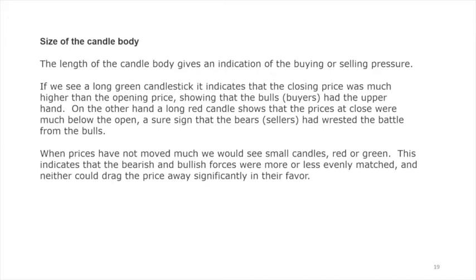When the price has not moved much, we would see a very small candle, red or green. This indicates the bears and the bulls are more or less evenly matched. That is a doji candle, which doesn't have much of a body, and either side could drag the price away significantly. So the price can go up or come down.